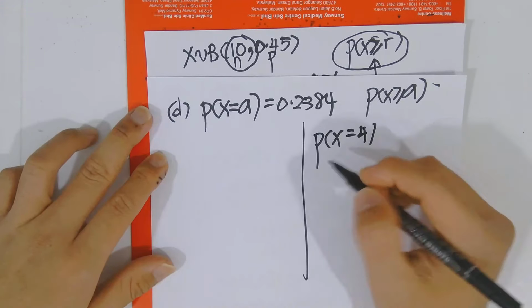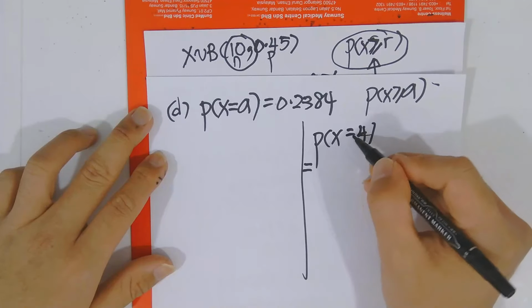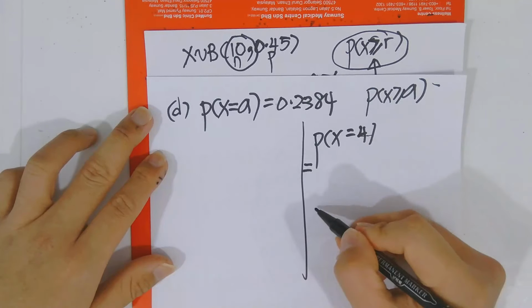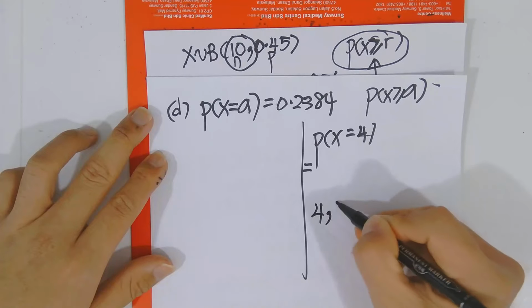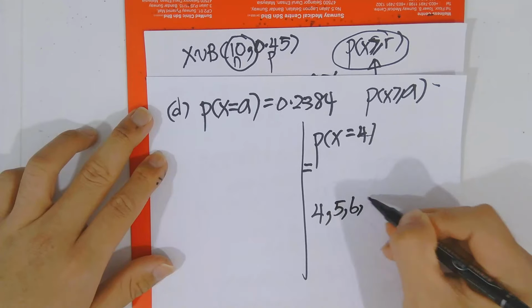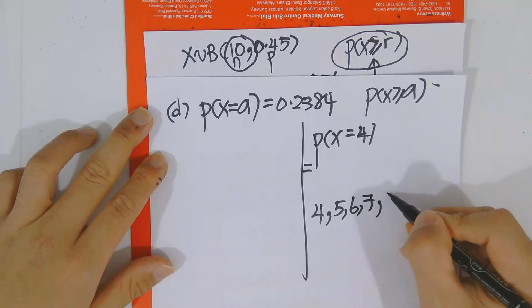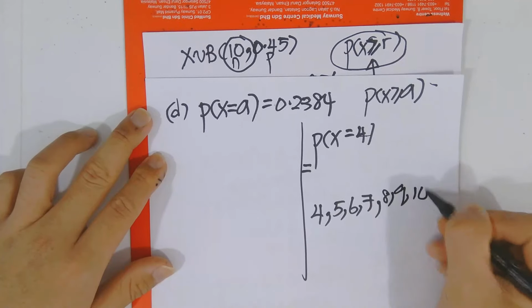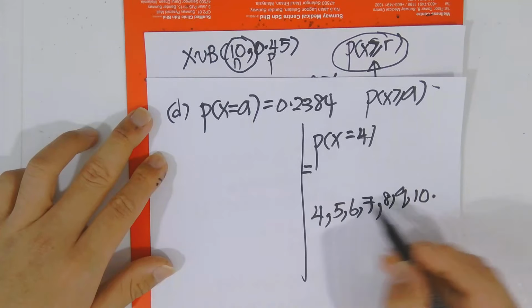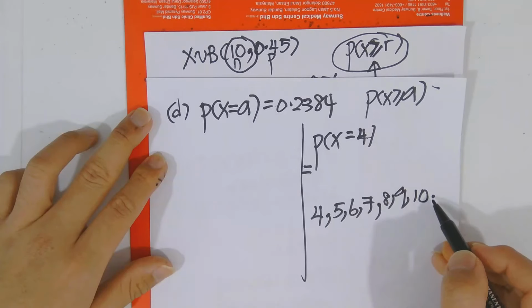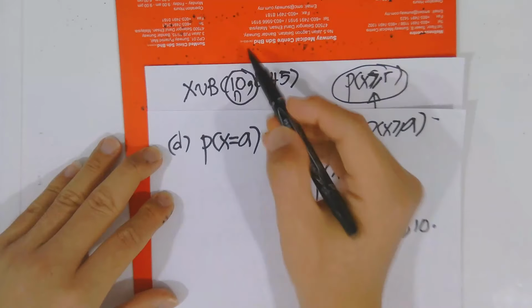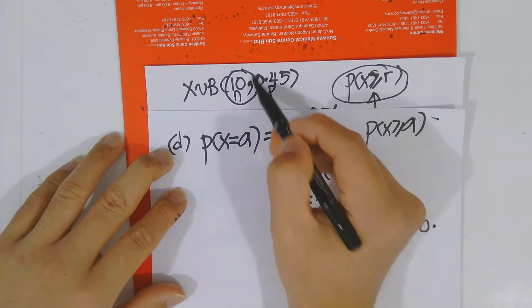If I want to use the statistical table, you just want 4, right? So 4, 5, 6, 7, I list out 8, 9, 10, full stop. Sir, why do you stop at 10? I already told you, the number of samples is 10.